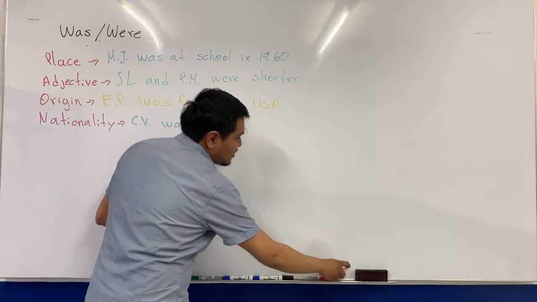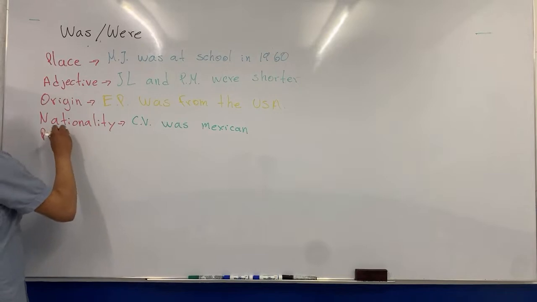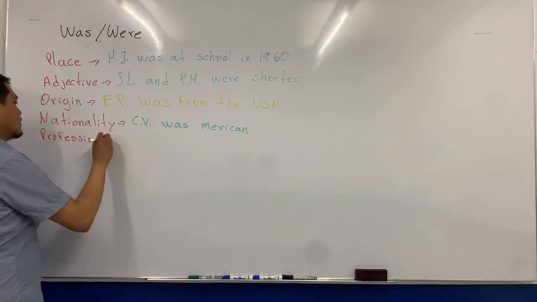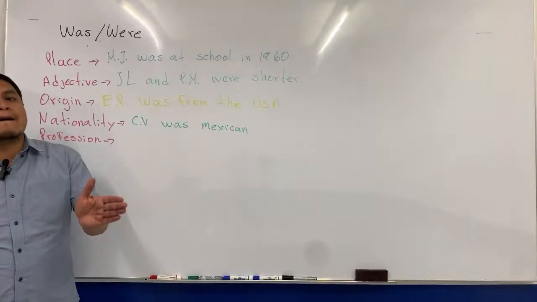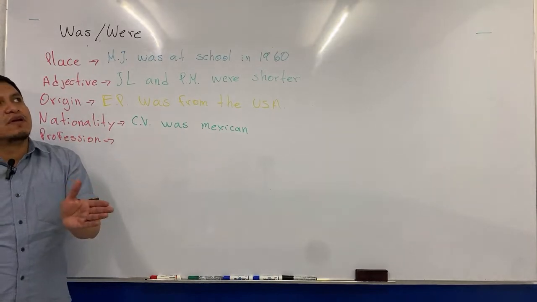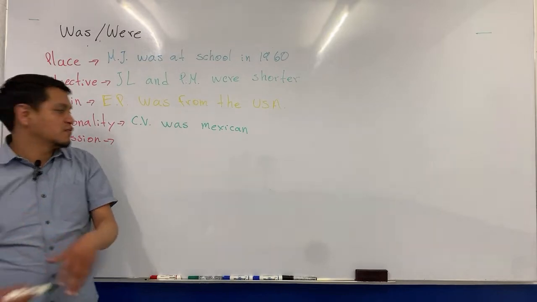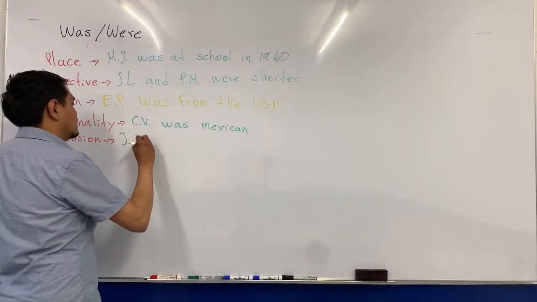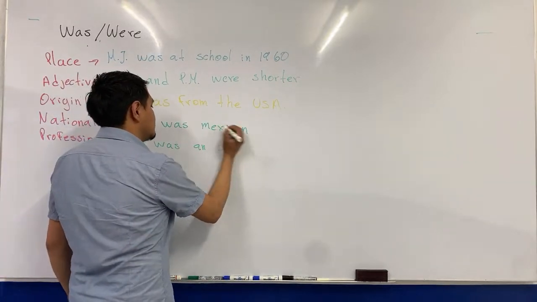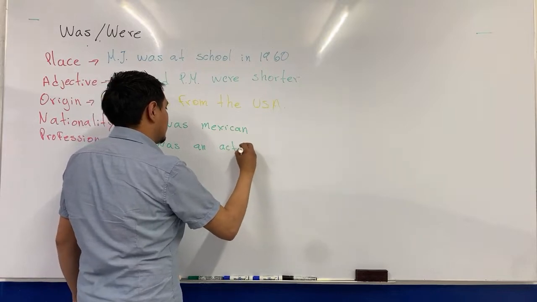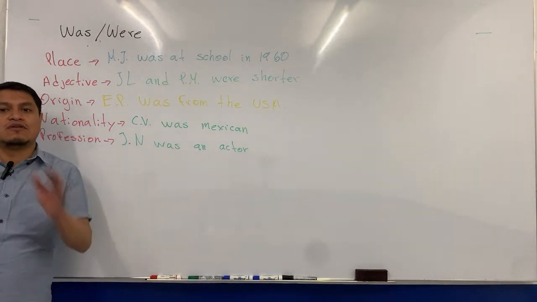And last, professions. For example, with profession, Jorge Negrete was an actor. Repeat. Jorge Negrete was an actor, right?